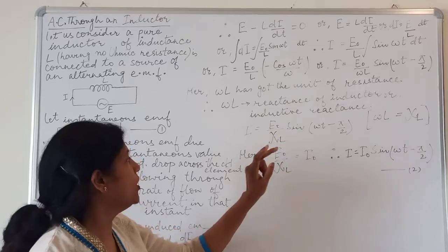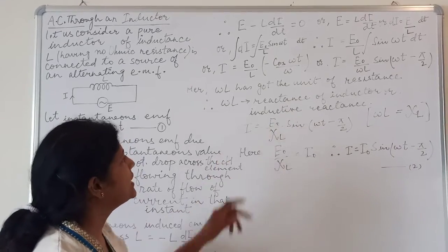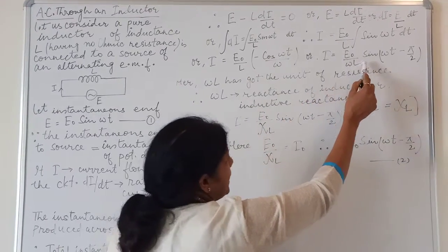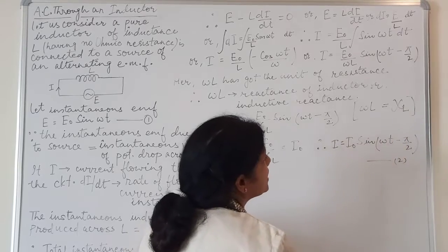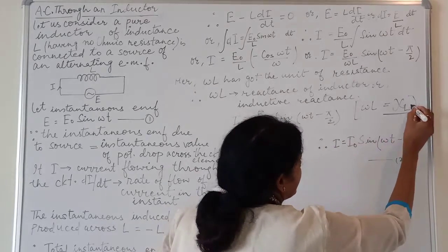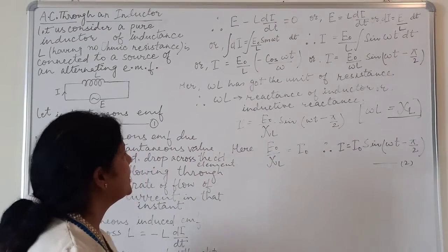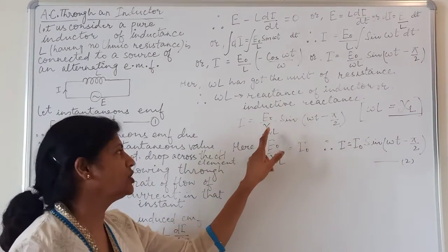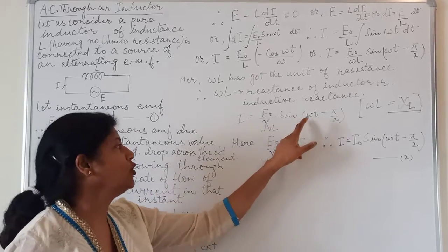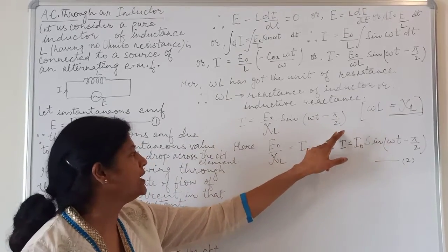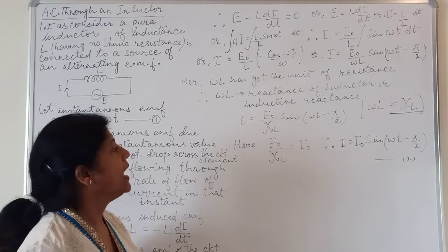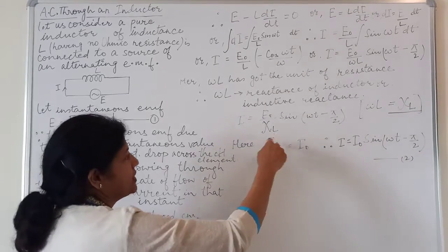Therefore, this omega L is called reactance of inductor, or inductive reactance. Now, for omega L, we can use X_L. Substituting here, we can write I is equal to E naught upon X_L sine omega t minus pi by 2.